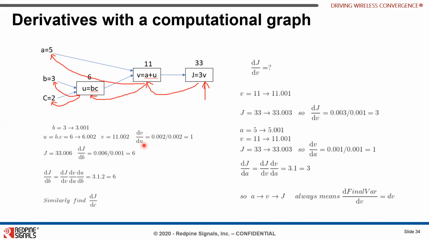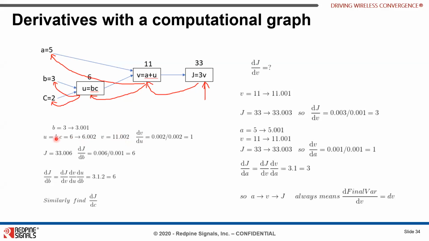So the thing is, what is the change in v if you change u? The u you are changing is actually 6. If you change u from 6 to 6.002, how is it reflected in v, because v is a plus u. a is 5 and u is 6.002, so 5 plus 6.002 gives 11.002.